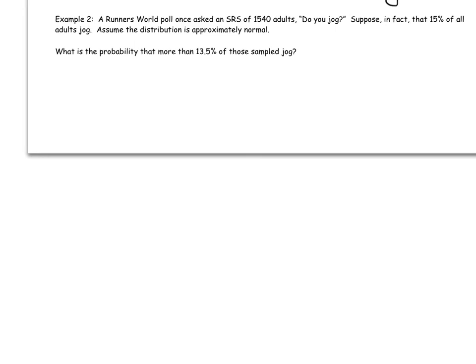So the first thing I would do in this problem is write down what the proportion is for the population, which is that 15% of all the adults jog in the entire United States, or whatever this population is. So that's p. My sample size is going to be 1,540 adults.